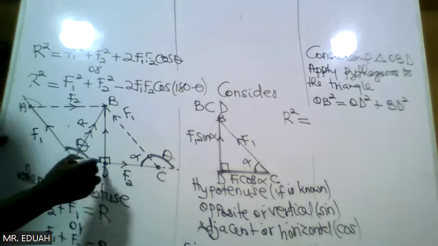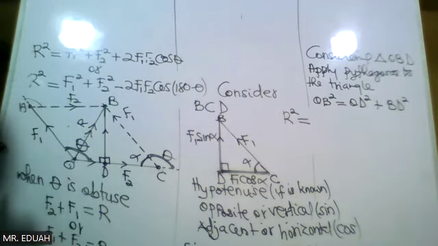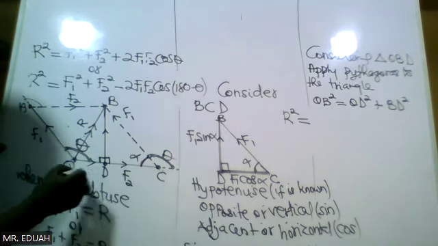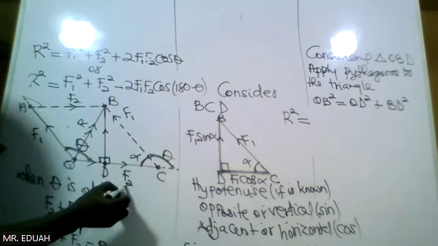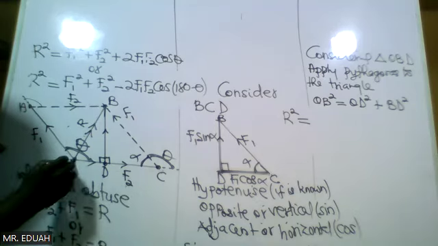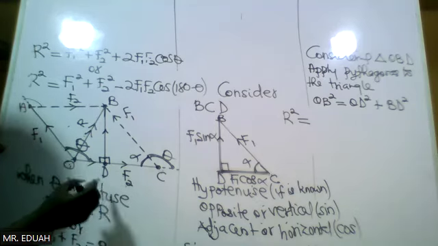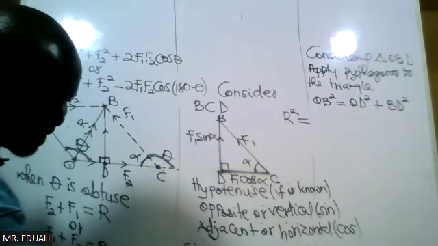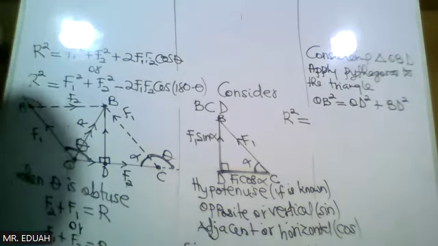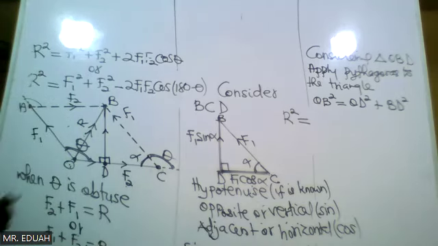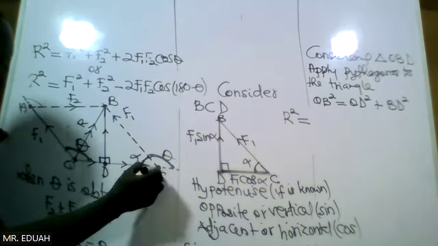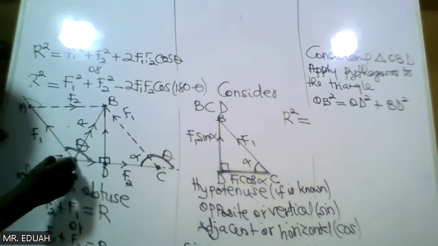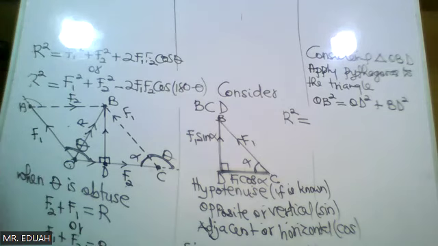OD is this. But open your eyes and listen on. We have OC. OC is the whole vector F2. OD we don't know, but we have found DC. DC, we got it as F1 cos alpha. So class, if I have OC and have DC, how do I determine OD?